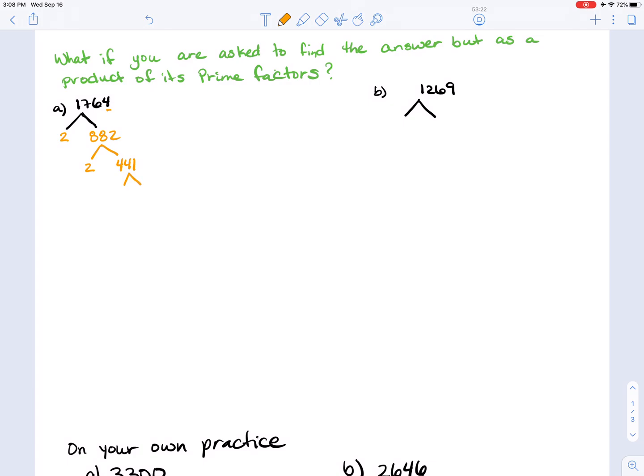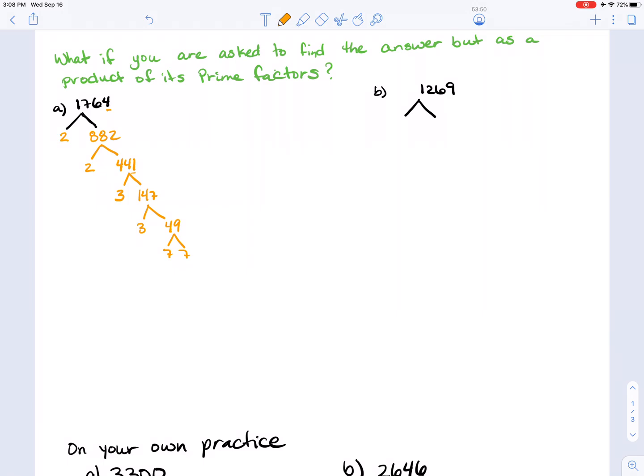Oh, it looks like 441 is not ending in 2 or 4 or 8, so I'm not going to be able to divide by 2. I'm going to try 3. That's the next prime number, and it does work. It's 147. And then again by 3, and I get 49. And we know 49 is a perfect square, 7 times 7.